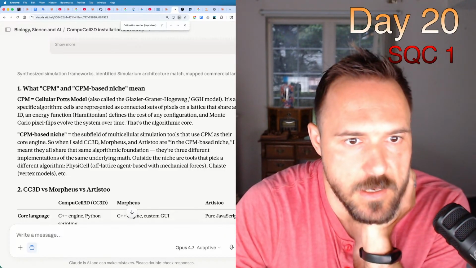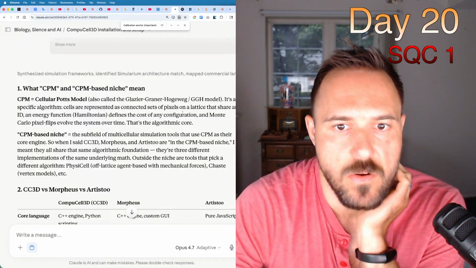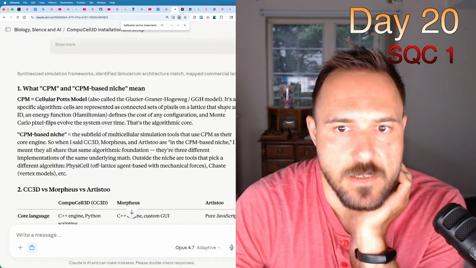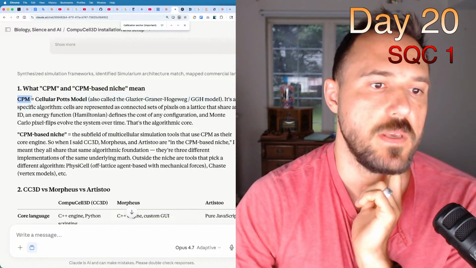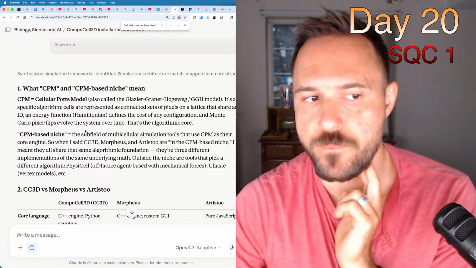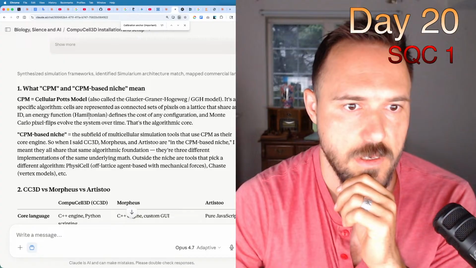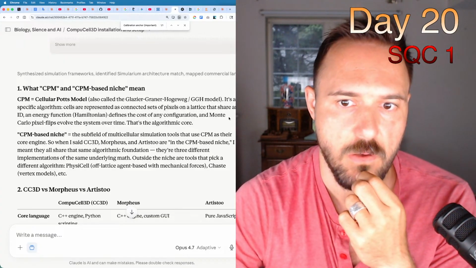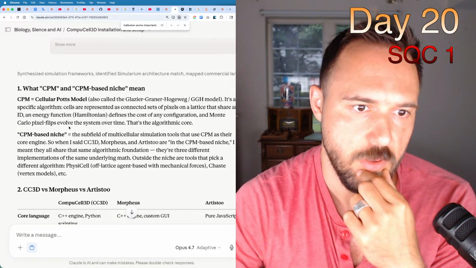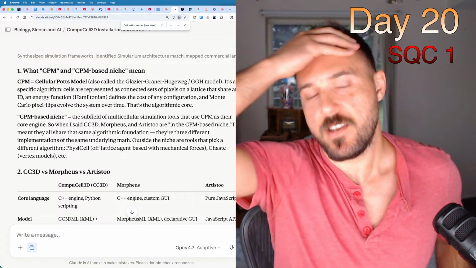Cells are represented as connected sets of pixels on a lattice that share an ID. An energy function, the Hamiltonian, defines the cost of any configuration, and a Monte Carlo pixel flip evolves the system over time. Got it. That's a very interesting thing.